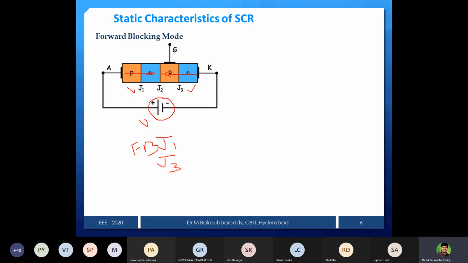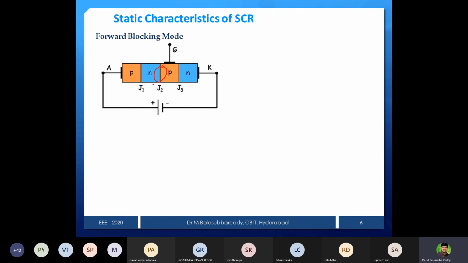By whatever means you want, you can break this junction, and then only can I say that all the junctions are broken down and current will pass through. At the moment we can notice that one of the junctions is not broken down. That mode of operation I call a forward blocking mode.